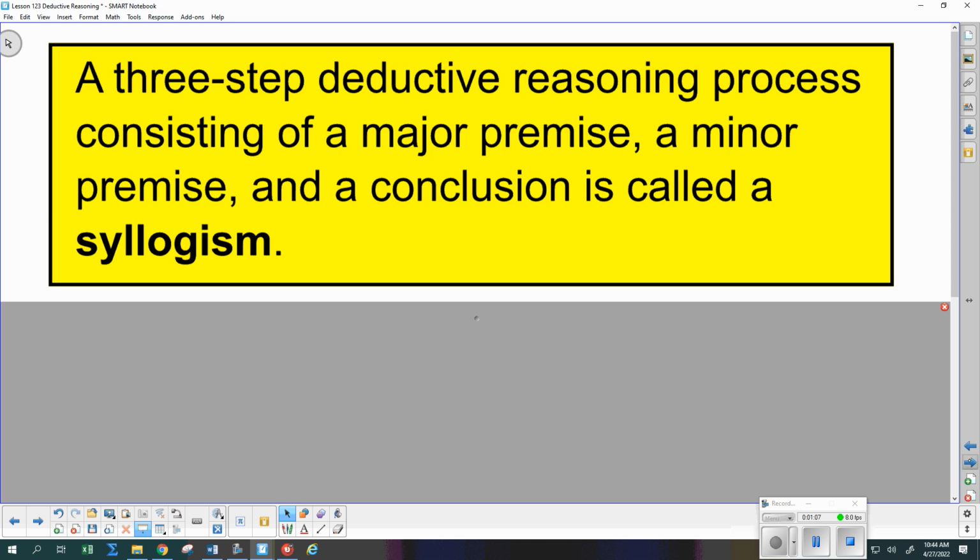Syllogisms, this word over here, that's when we have a three-step argument to make a case. The first step is a major premise, and it's going to be something that either already is written in an if-then form, or we can change it to if this, then that.